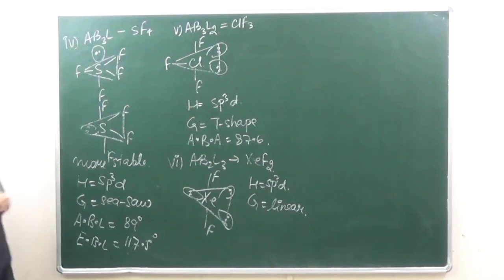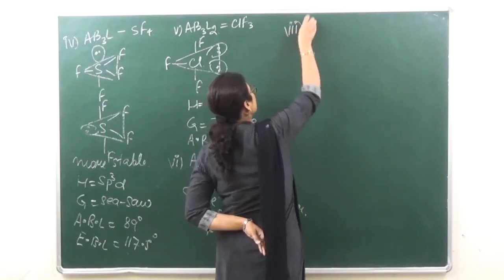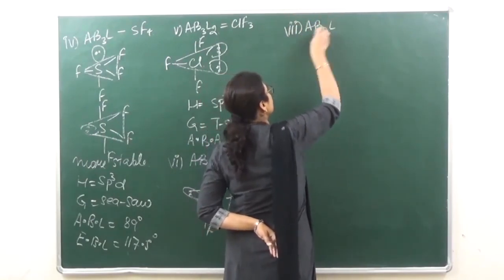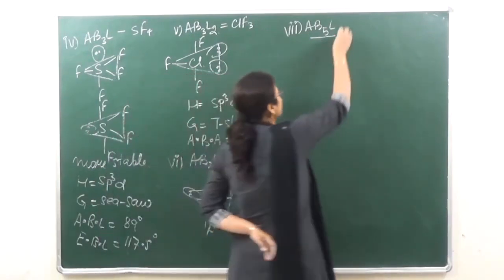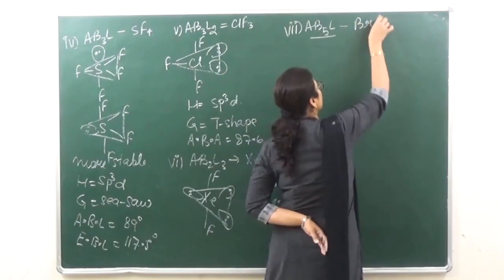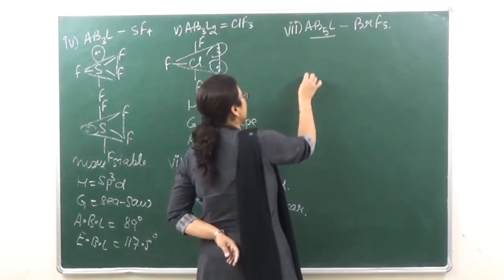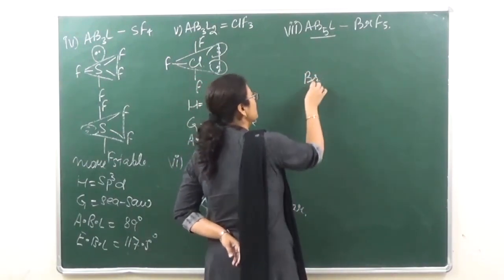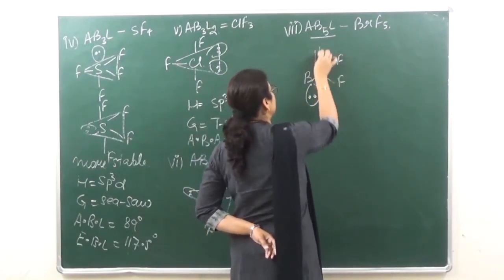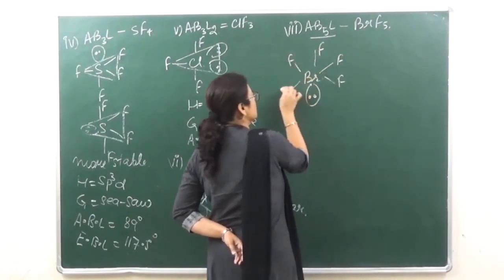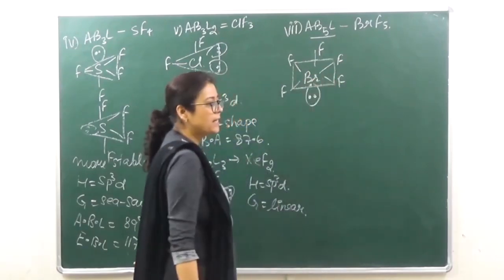ठीक है? Then the next we have AB5L. So there are 5 bond pairs and there is one lone pair. Example which we are going to take is that of BrF5. Right? So over here we have bromine in the center, lone pairs, right?